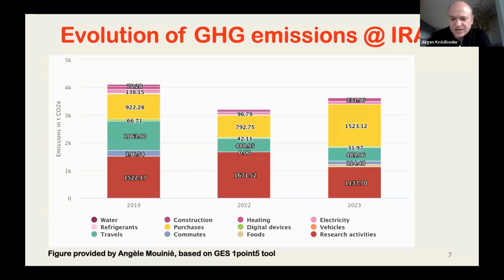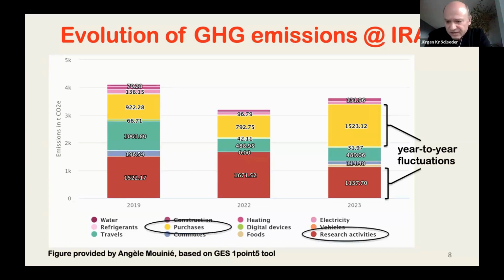So one takeaway is that there are fluctuations. And that's normal because, for example, in purchases, we don't buy every year the same amount of stuff. We do a lot of instrument development. And if there's a year where there's a lot of instrument development or a new big mission coming in that is developed, then we have a higher purchase footprint compared to other years where maybe the investments are lower.